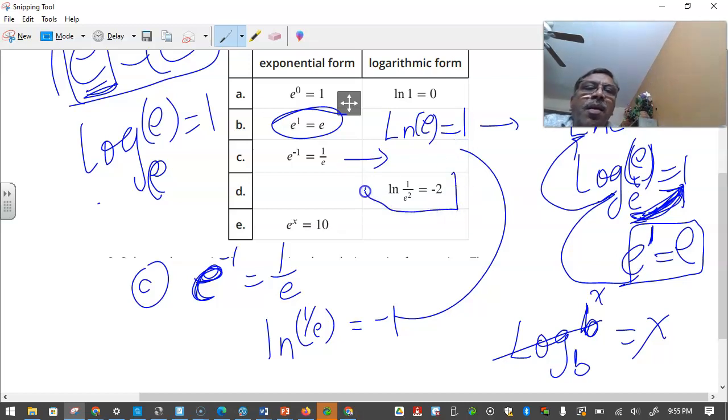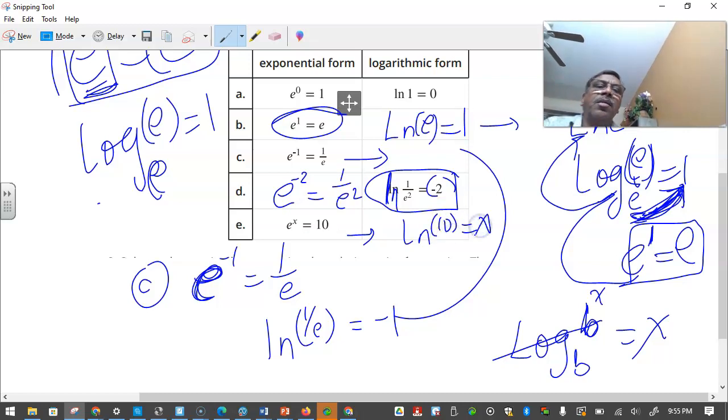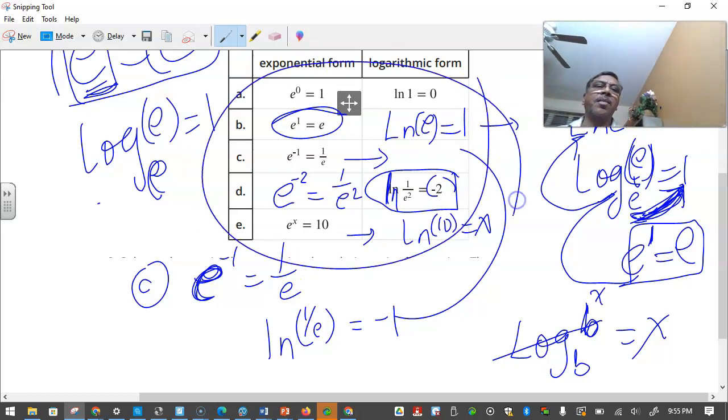Now in this case, the logarithm is given. So when you talk about ln, the base is e. So you put e raised to this number, which goes up as the exponent, equals 1 over e squared. That's it. This one, ln of 10 is x. So this is a lot of practice just to get used to the ln part.